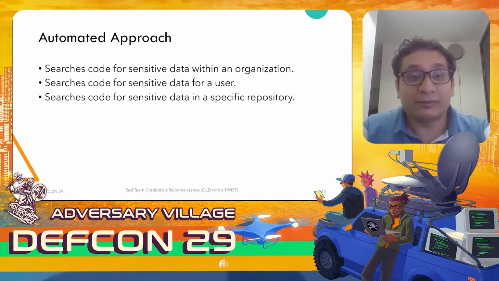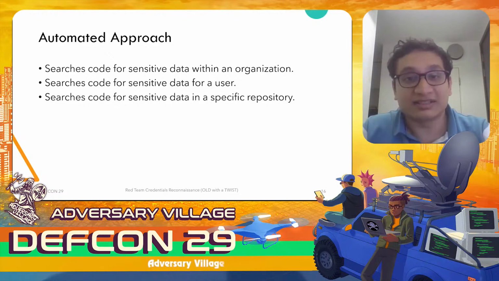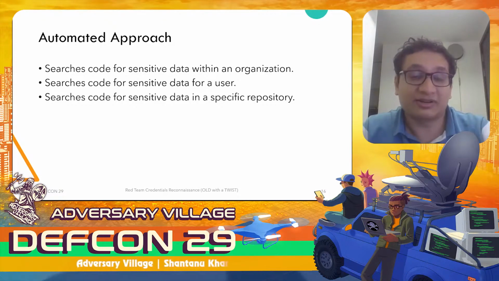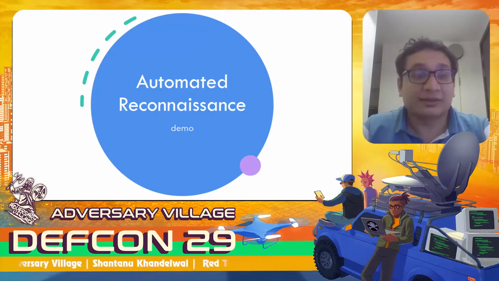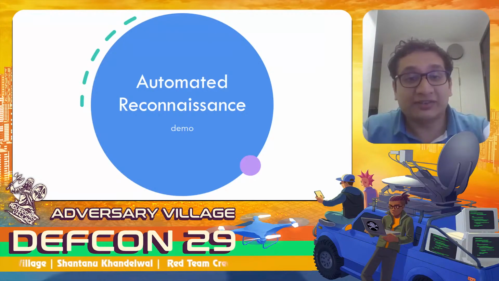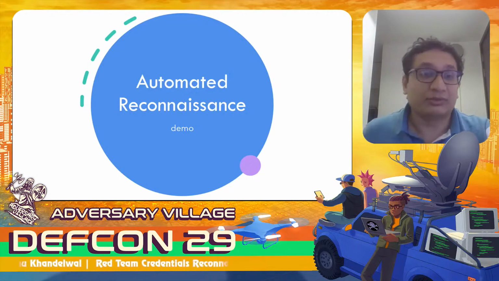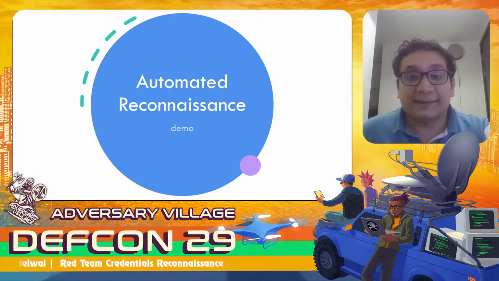GitHub only provides searches inside an organization, inside a user's repositories, or inside one specific repository. So let's quickly do an automated reconnaissance demo, and then we can go to the new tool which I have developed and look at that as well.